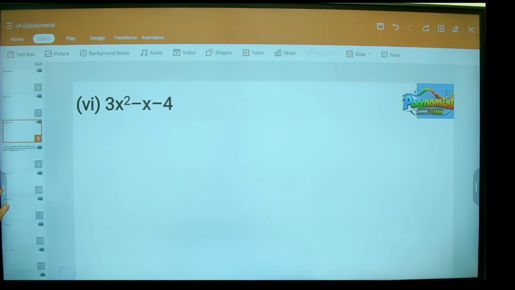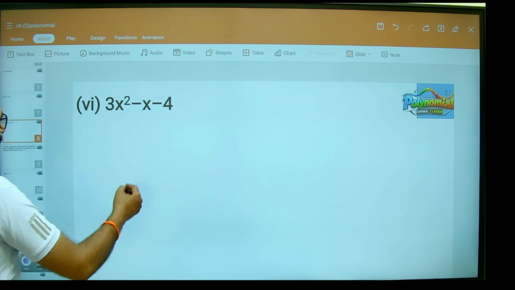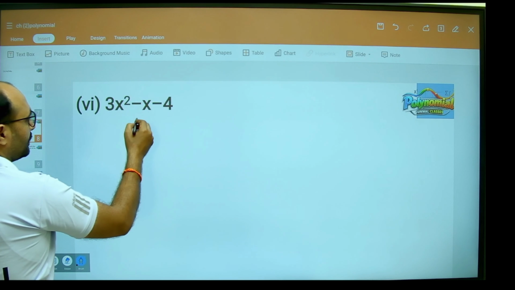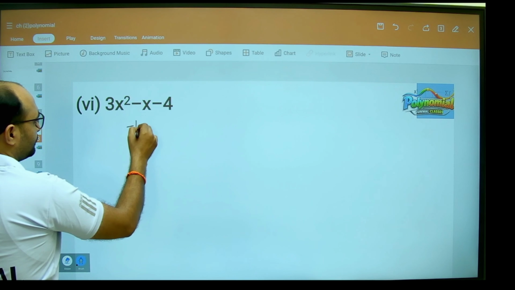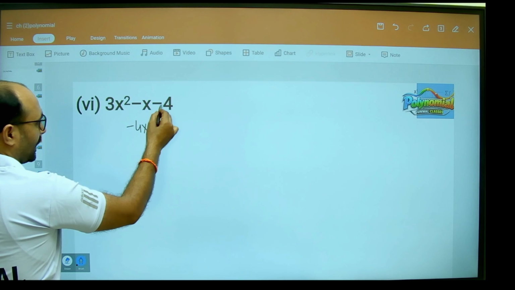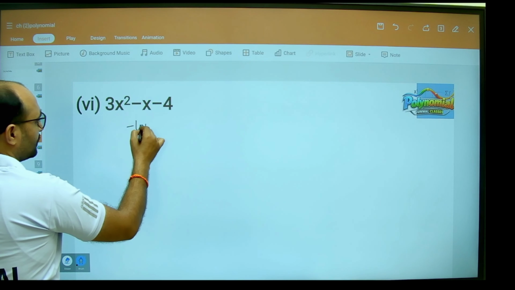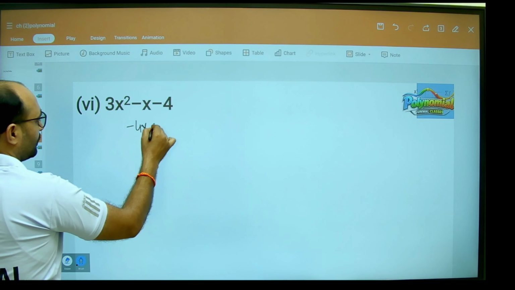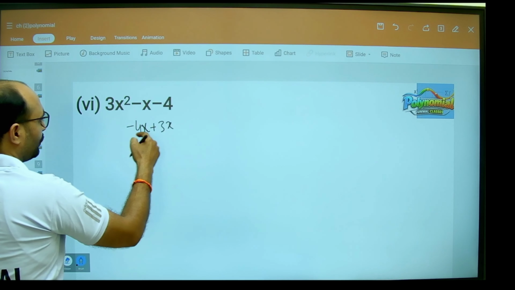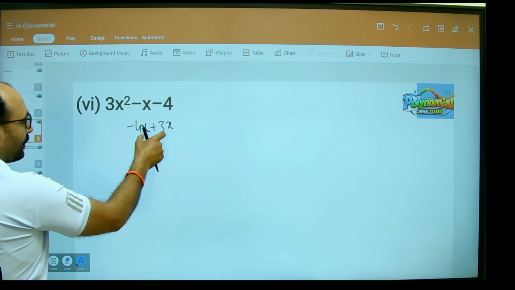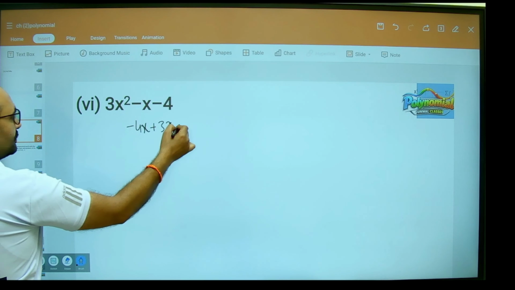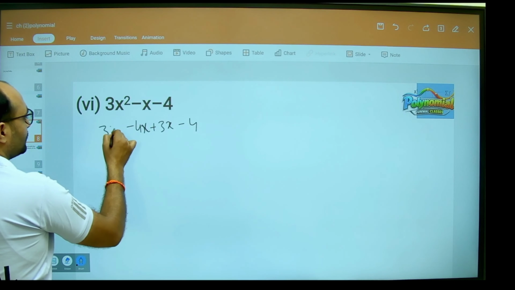Splitting middle term, try yourself. 4 into 3, 12. नेगेटिव sign है, opposite signs आएंगे. 4x plus 3x, opposite signs दोनों के, और इनको solve करने पे minus x आ रहा है, तो ये factors बन जाएंगे आपके.